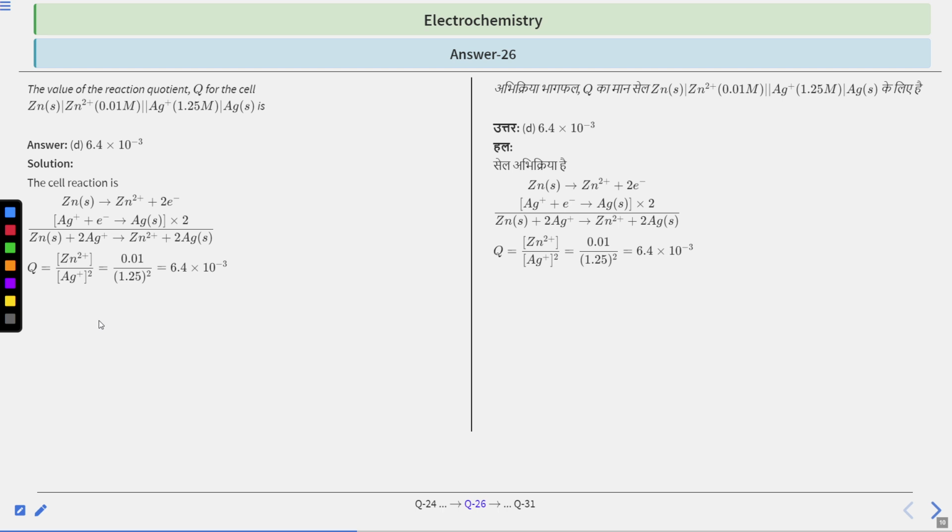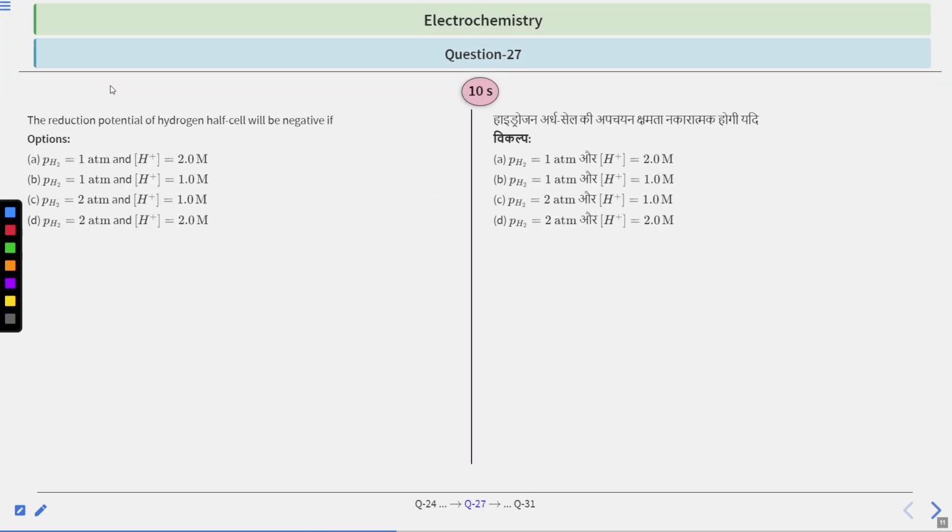Okay, let's move to the next question. Question number 27. The reduction potential of hydrogen half cell will be negative if. So it is given that the reduction potential value of hydrogen half cell will be negative, but at what condition? So options are pH2, that is pressure of H2 is 1 atmosphere and H positive concentration is 2 molar.